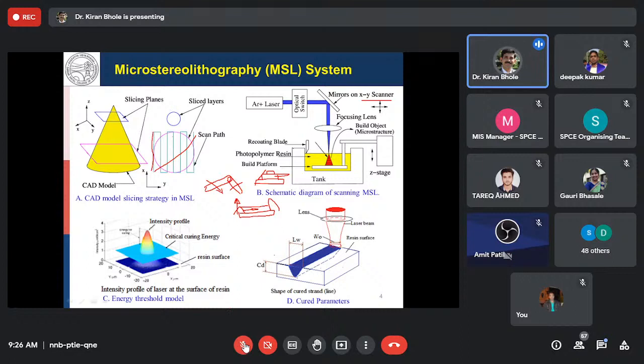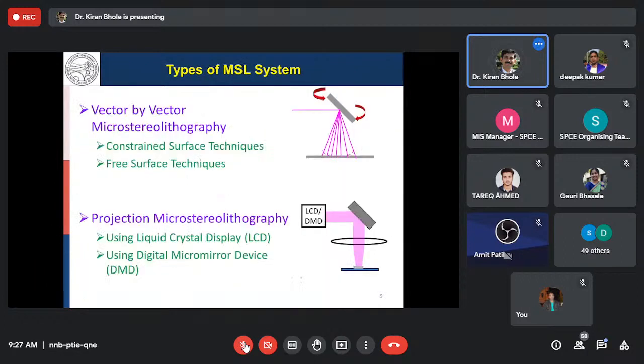The line which is getting cured is not of a rectangular cross section, but of a Gaussian cross section. So this puts a limit on the maximum layer thickness as well. These are some of the points to be kept in mind while designing the process plan for the fabrication of a component using MSL.